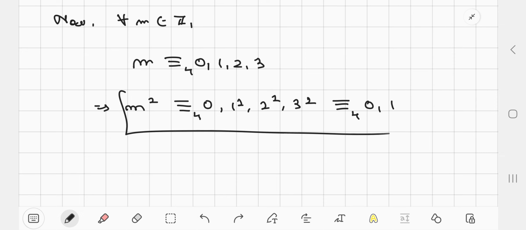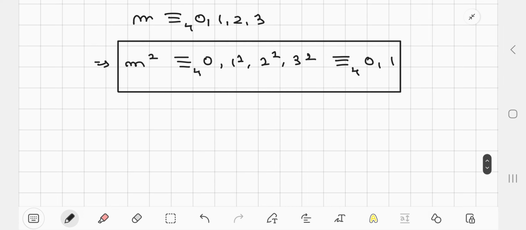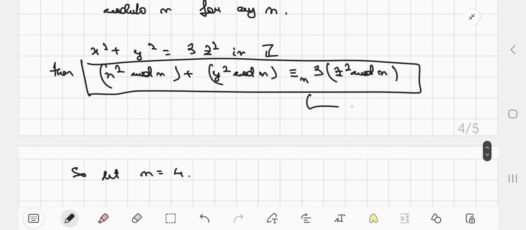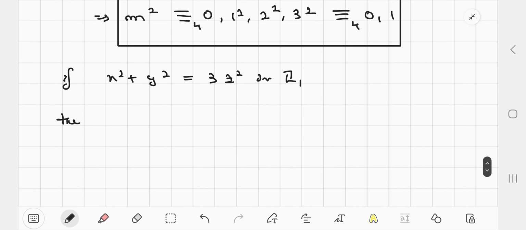Therefore, if we get hold of integer solutions to the given Diophantine equation, then since this property will also be carried over to the reduced Z modulo 4, I can say that if x square plus y square is equal to 3z square in Z, then 3 holds for n equal to 4.